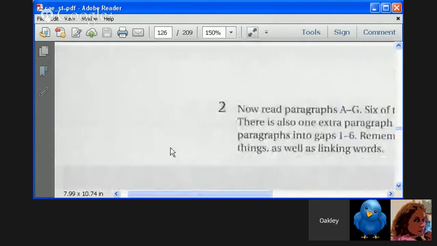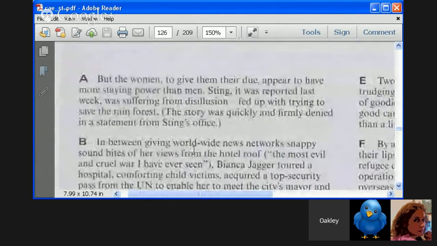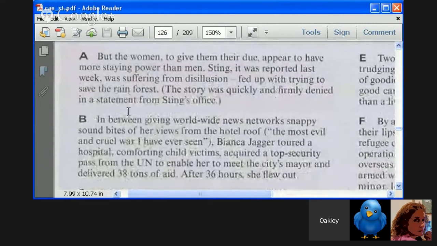Let's see if we can figure out which paragraph. Okay. Here's a clue. Here's another clue. Obviously, we're doing the very short version, just to make a quick point.